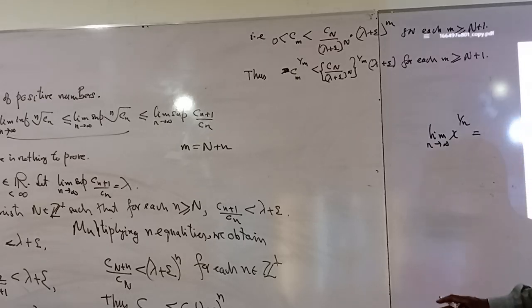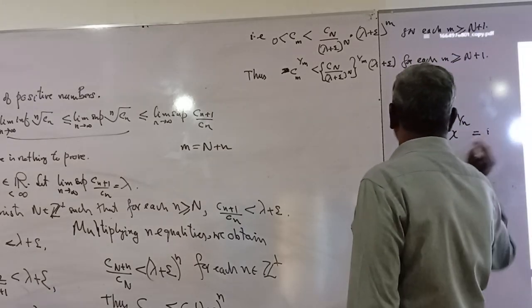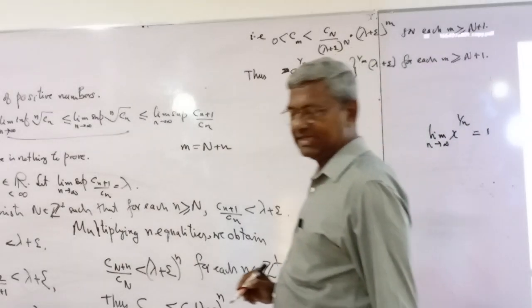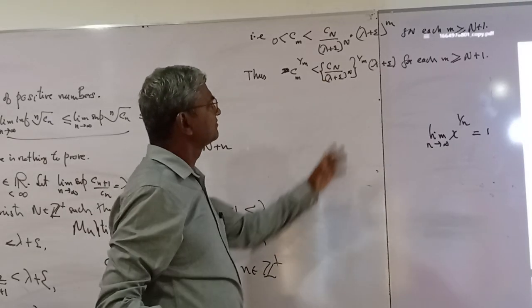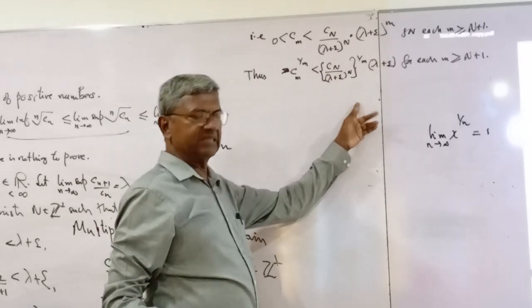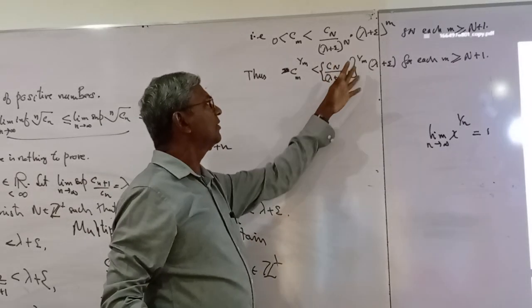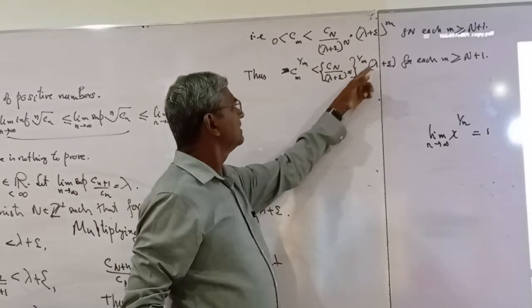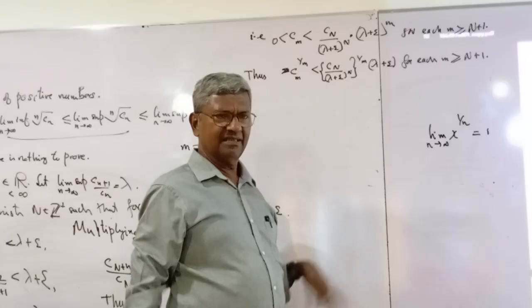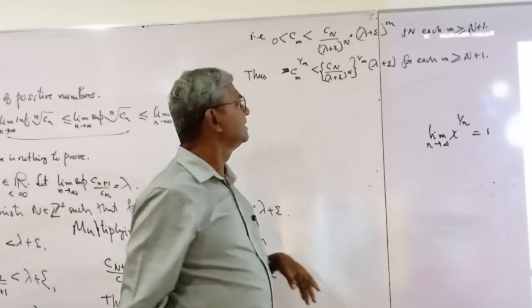It is 1. Now, this is a constant. Epsilon is given, all of these are constants. So, the limit of this thing is 1.